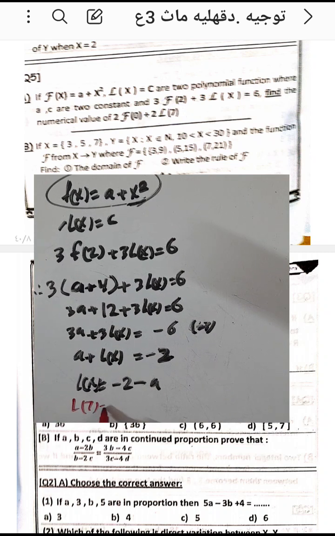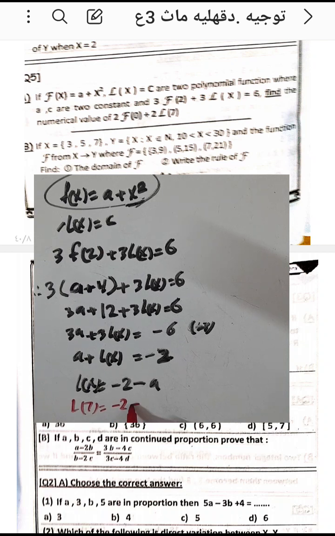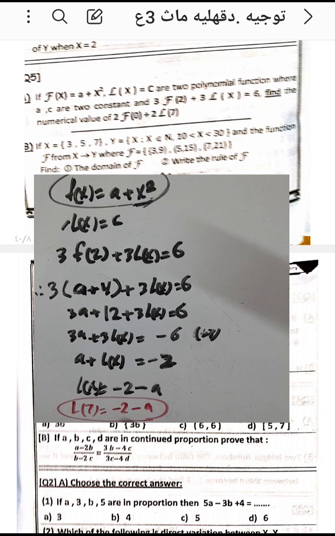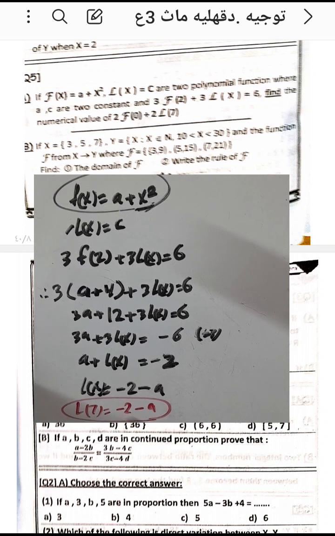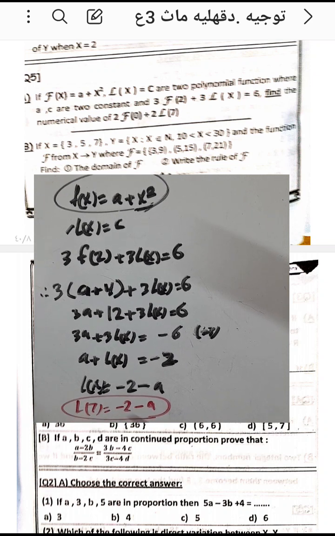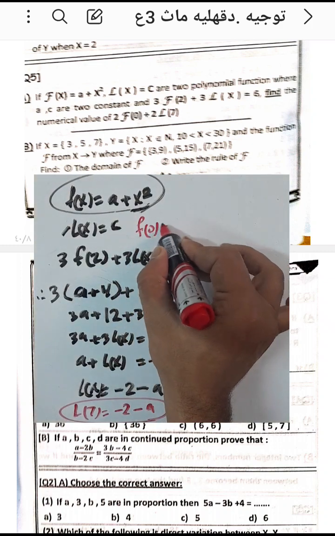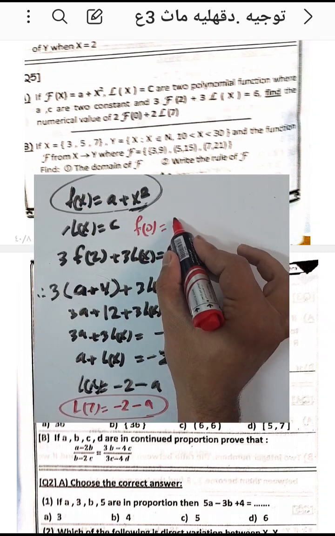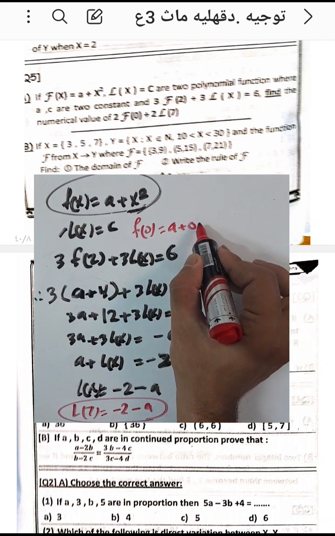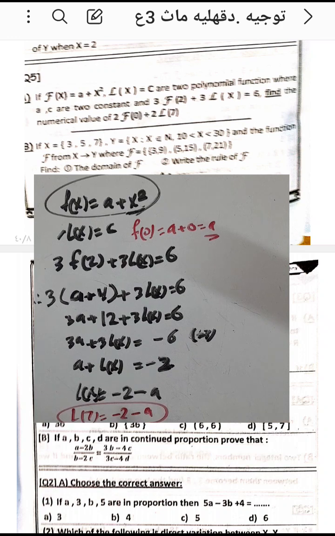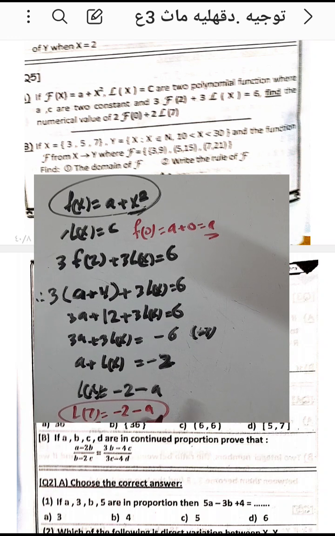L of 7 will be negative 2 minus a, because we don't know the value of a here. And we want to find what? F of 0. F of 0 will be a plus 0 power 2, which is 0. Then f of 0 will be a. And L of 7 is negative 2 minus a.